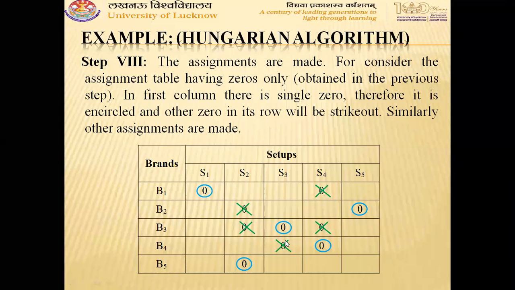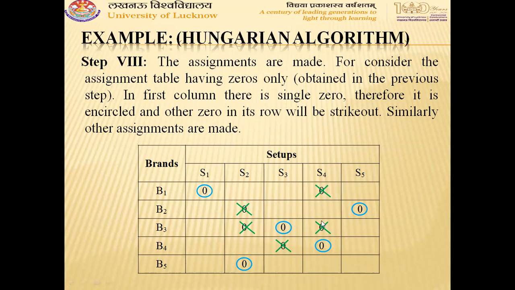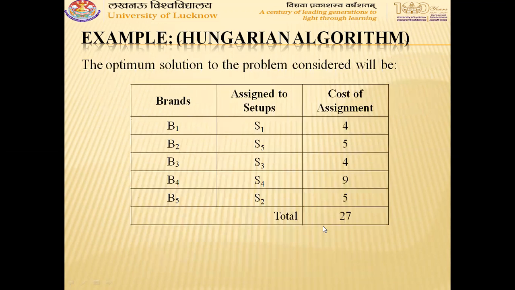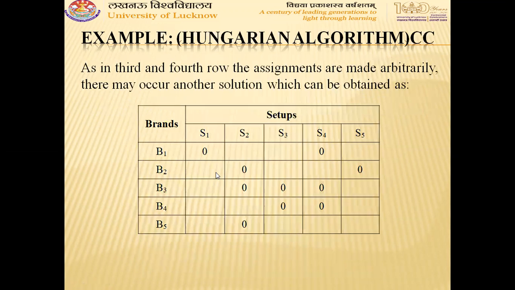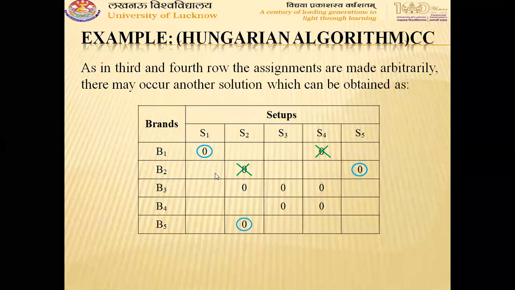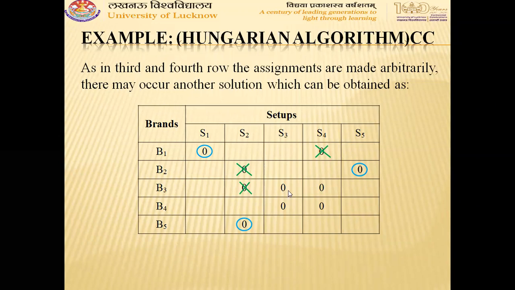But since here I have selected this one arbitrarily, I can also select this one arbitrarily. That is, the assignment can be made in this manner. This one, then this one. These three will be the same. Now here instead of this zero, I have selected this zero. And the other two are crossed, then this one is selected.